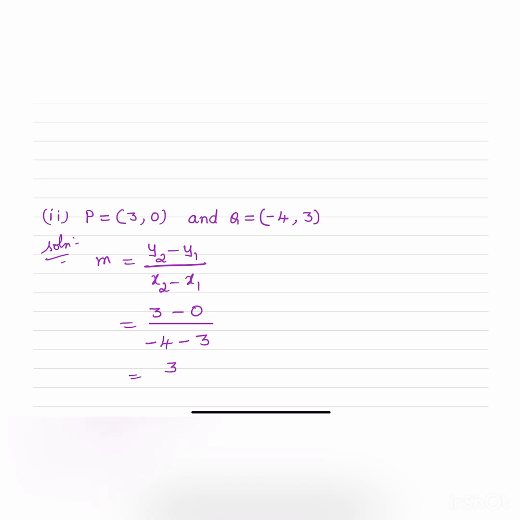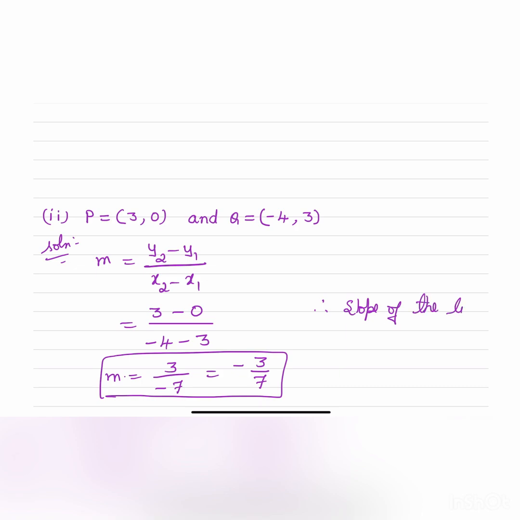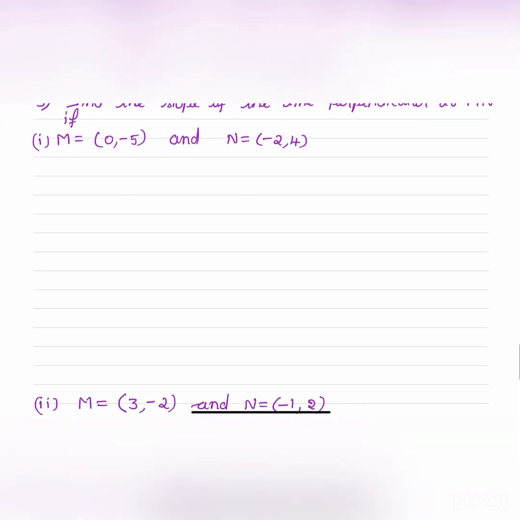So that will be equal to 3 by minus 7, minus 3 by 7. Therefore the slope of the line parallel to PQ is minus 3 by 7. Let us go for the next one.